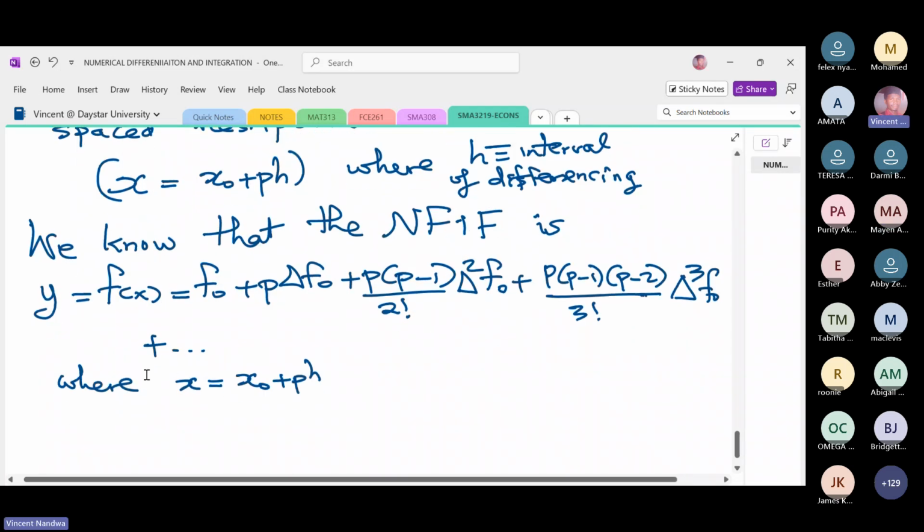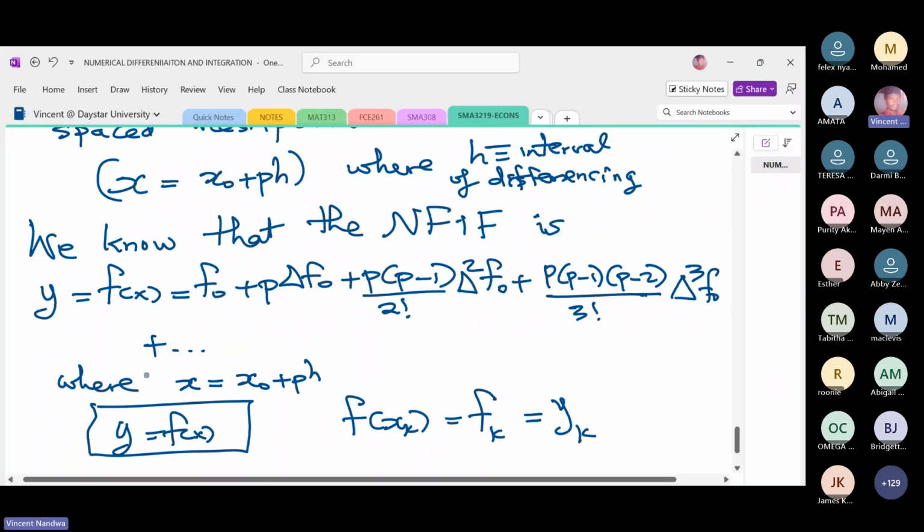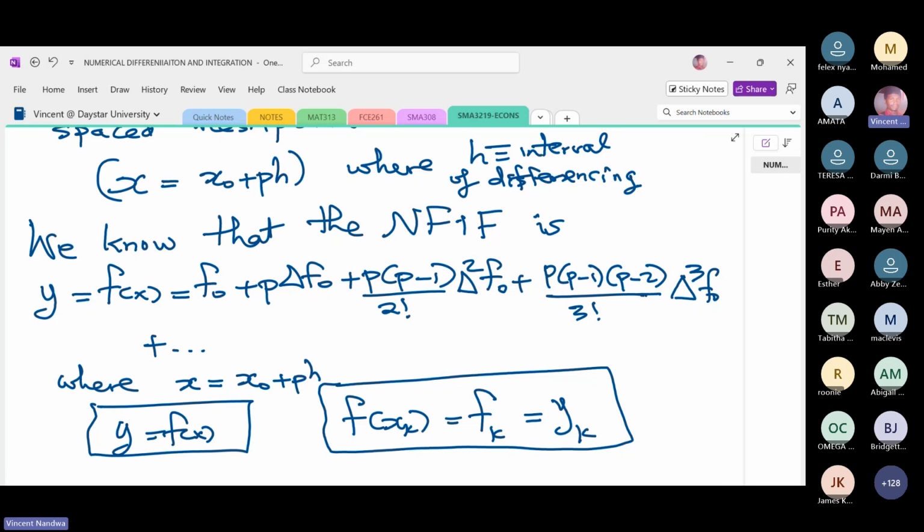Please remember that when we say y equals f of x, then f of x_k can be written as f sub k or as y sub k. So you can use either f or y to write the formula. Maybe that is what you are given by your teacher.